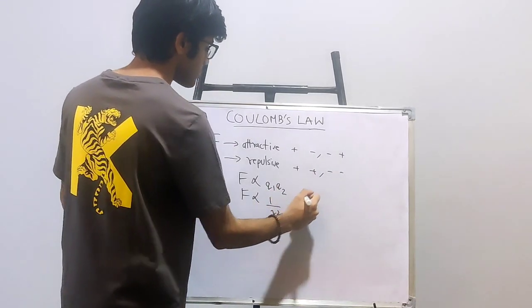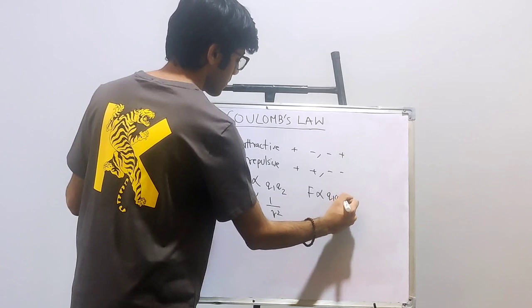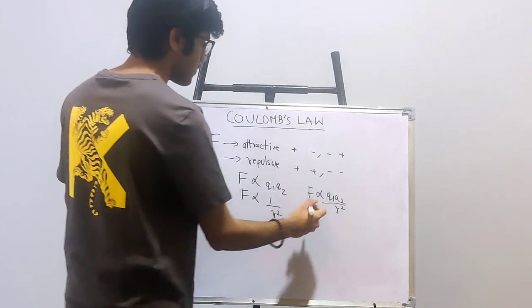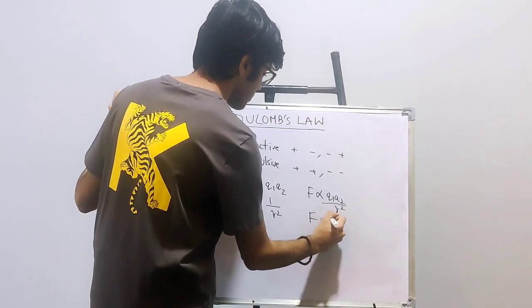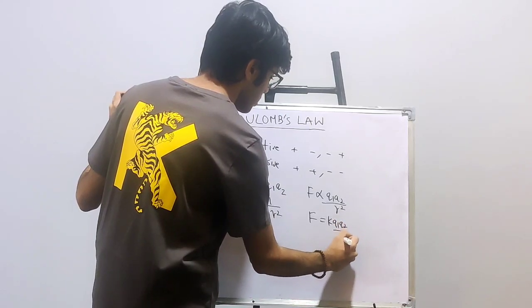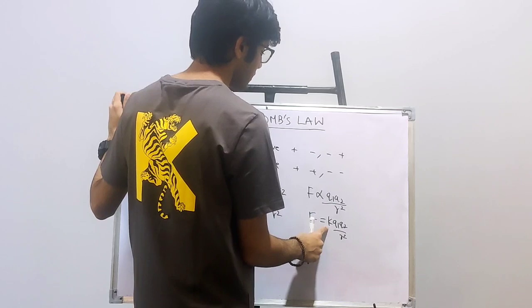So combining these two equations, we get F is directly proportional to Q1 Q2 by r square, and F is equal to K Q1 Q2 upon r square. Here K is an electrostatic force constant.